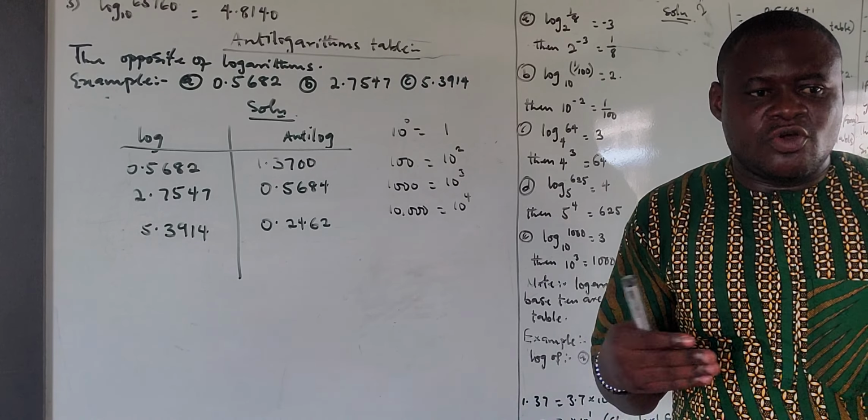So this is how we have an example. Now we have 0.56. So in checking the antilog of 0.56, we are checking the antilog of what we are having.